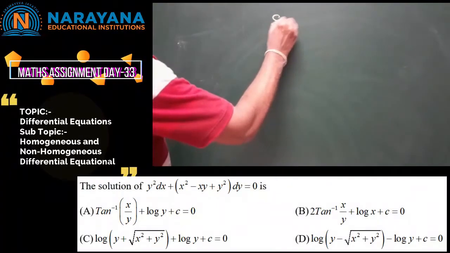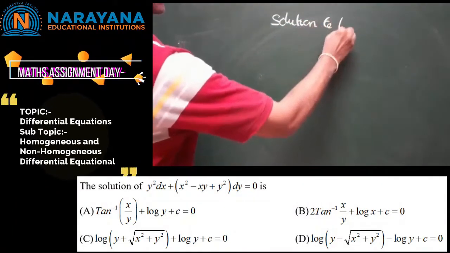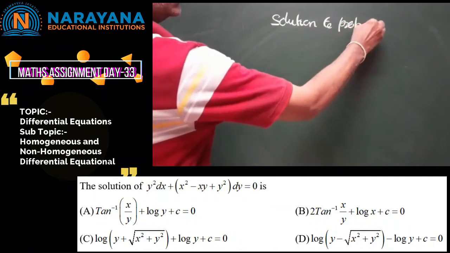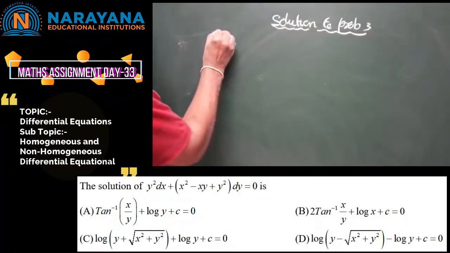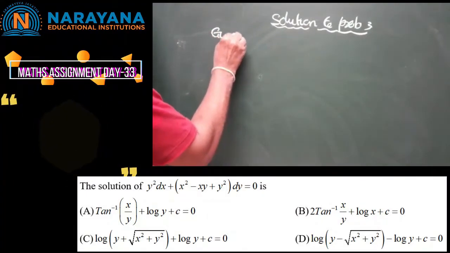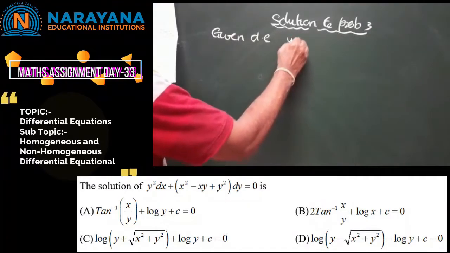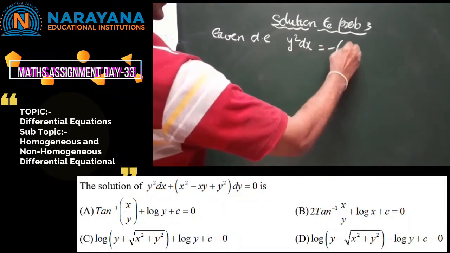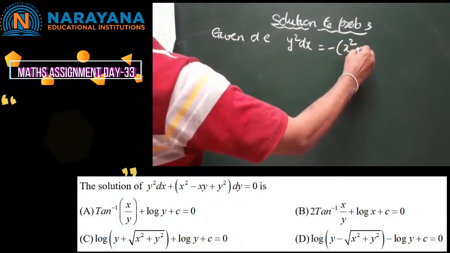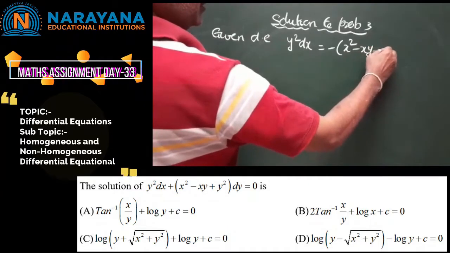Solution to problem number 3. Now, the given differential equation is y square dx equal to minus of (x square minus xy plus y square) dy.